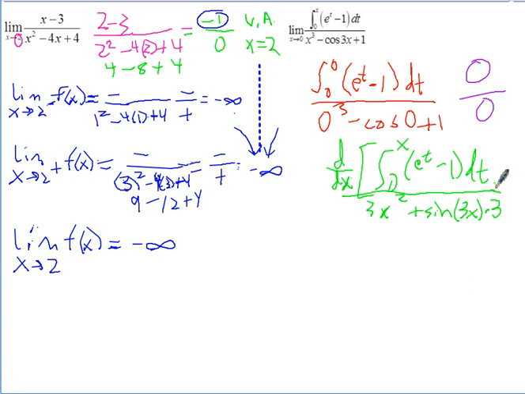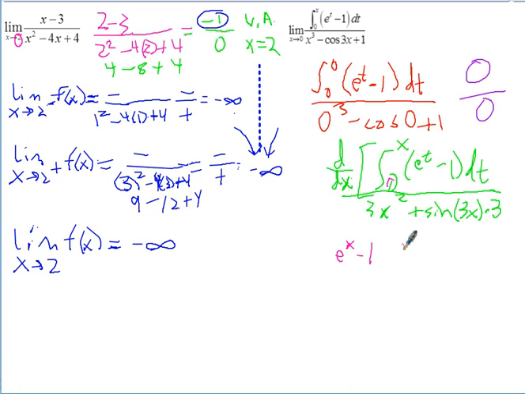Remember, this is now the second fundamental theorem of calculus, when you have the derivative of an integral. As long as this is a constant, which it is, it's 0 in this case, then derivatives and integrals are reverse operations. So remember they cancel out if this is a constant, and the x just replaces the t. So that's going to be e to the x minus 1.